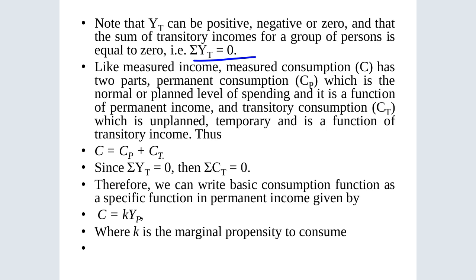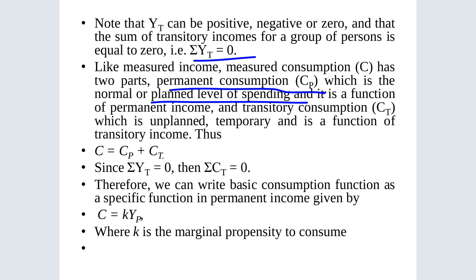Now, like the measured income, the measured consumption also has two parts. The measured consumption has the permanent consumption part, which is the normal or planned level of spending. Like when you have a budget in a month, how much you need to spend, which is also a function of the permanent income.